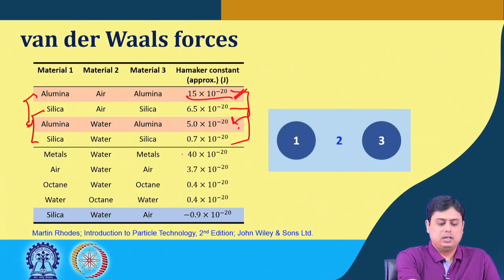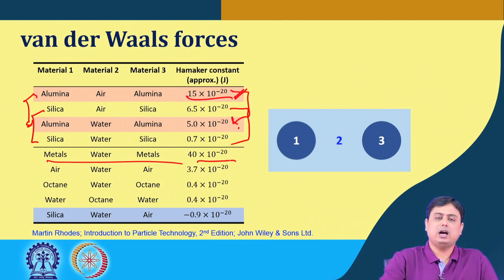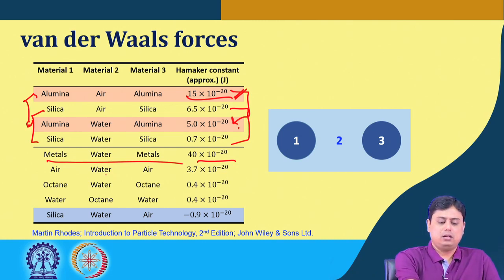These metals, when they are in water, have a significantly higher Hamaker constant value, which means they are attractive in nature. These are the air bubbles, say in water.